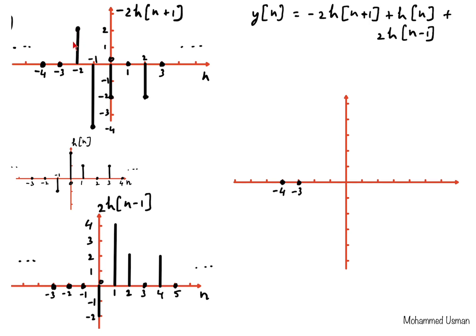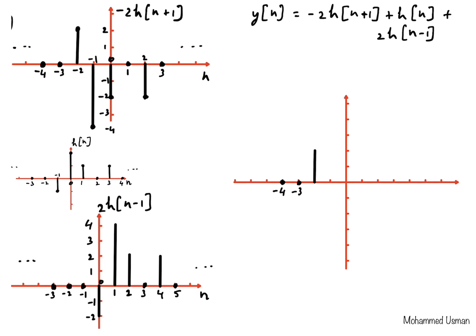For n equals -2, here we have a value of 2. Here we have 0. So that's 2 plus 0. And here is also 0. So 2 plus 0 plus 0. So that should be 2. So now we'll get an impulse of height 2 in this case. So for n equal to -2, we get an impulse of height 2.